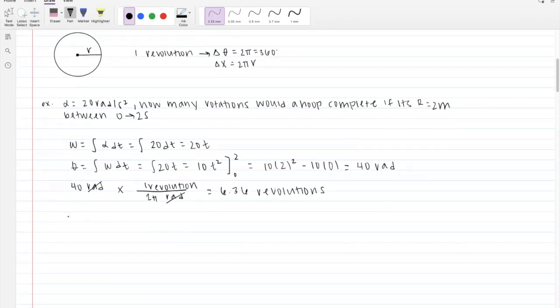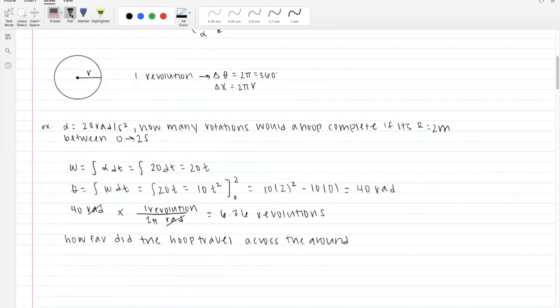The next very common question to follow up is, how far did the hoop travel across the ground? All right, so very simply, we know that we had 6.36 revolutions.